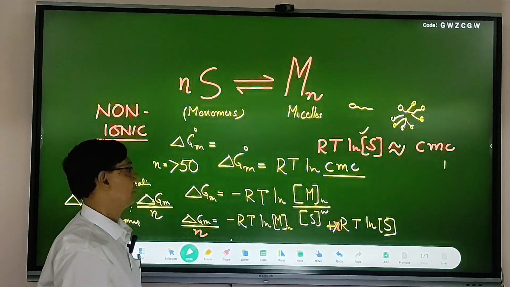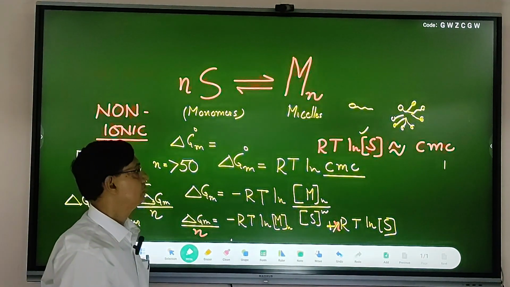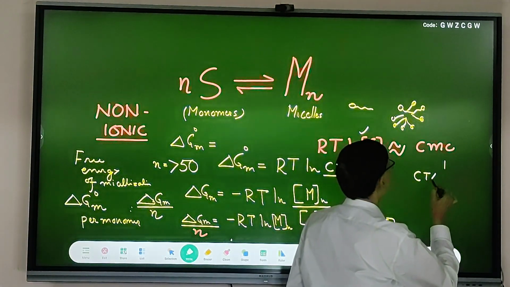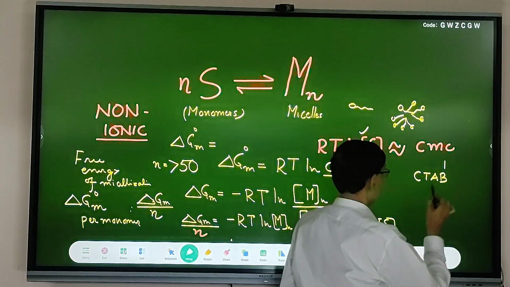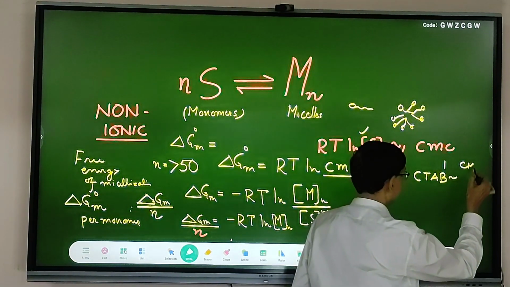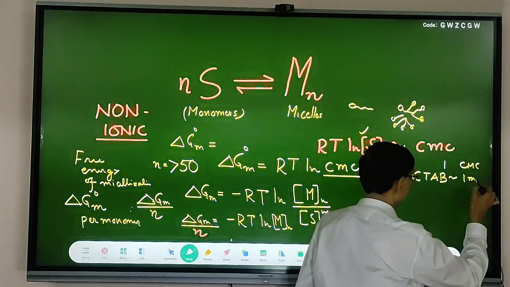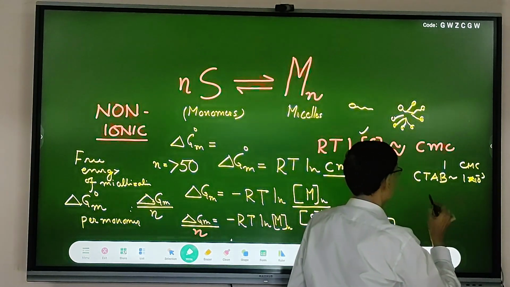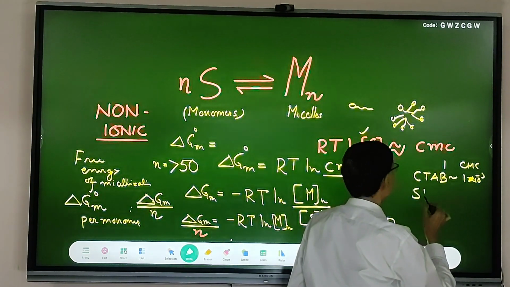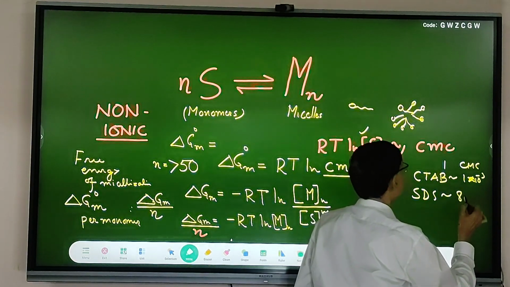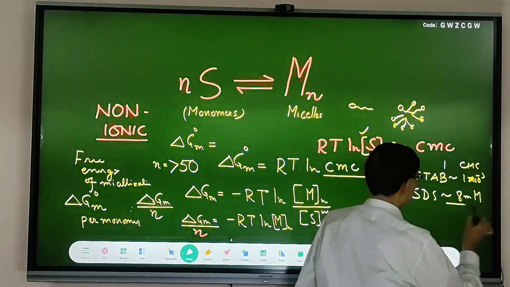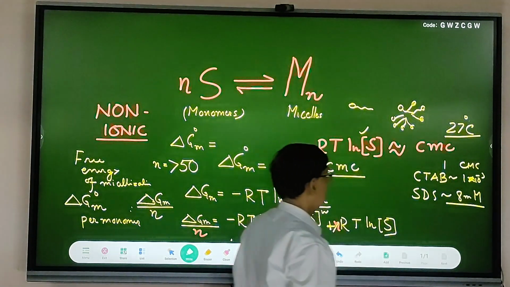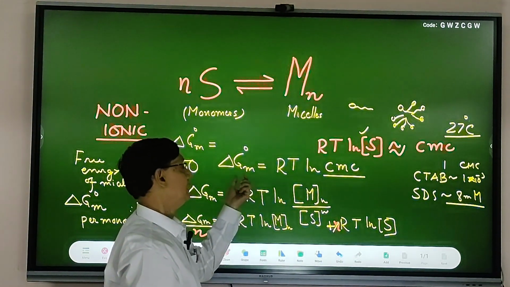That means if you know the CMC value, so for example, if I am taking the CTAB, which CMC is approximately 1 millimole, 1 into 10 to the power minus 3, and SDS approximately 8 millimole. And if I am talking about 27 degrees or any temperature, you can calculate the free energy.